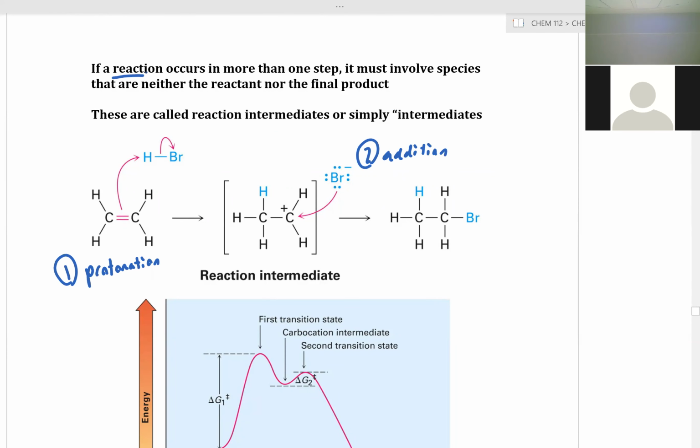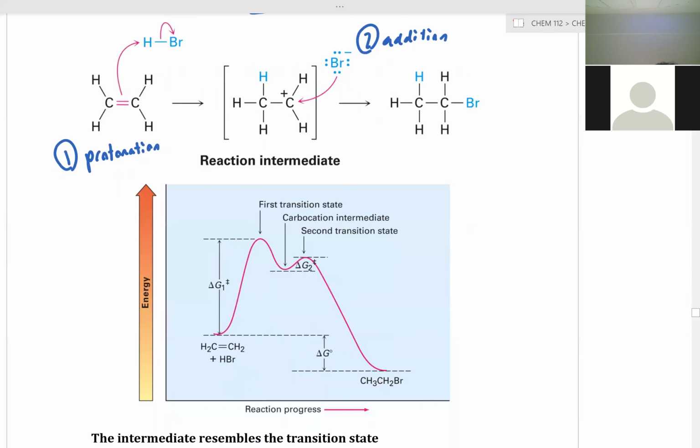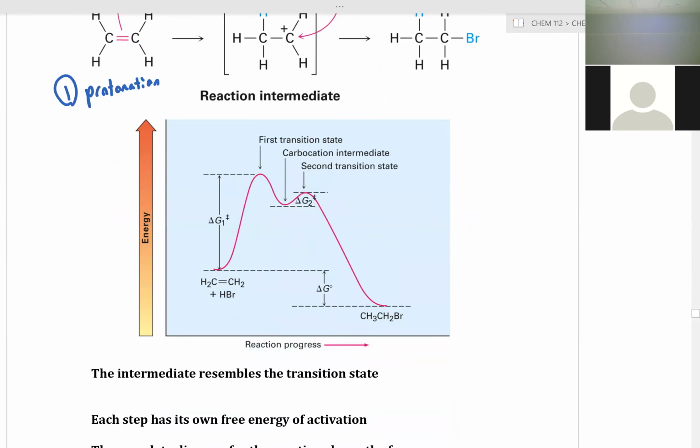If a reaction occurs in more than one step, it must involve species that are neither the reactant nor the product, and we call these species intermediates. So our intermediate is our carbocation. Looking at our reaction, step 1 is our rate limiting step.